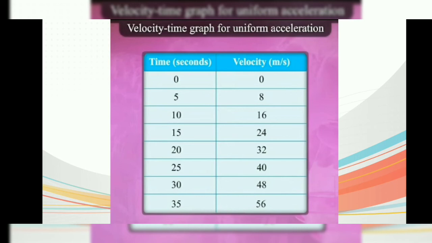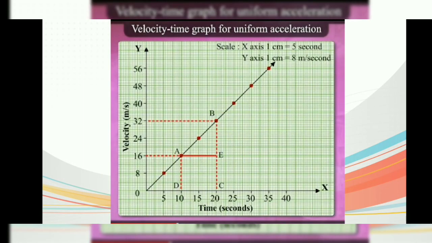That means here also there is an equal change in velocity, right? The difference is 8 meters per second. So the velocity time graph would be like this. On the x-axis we have time in seconds, on the y-axis we have velocity in meters per second.